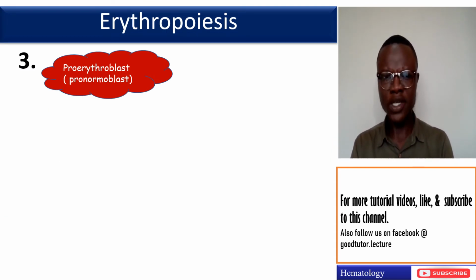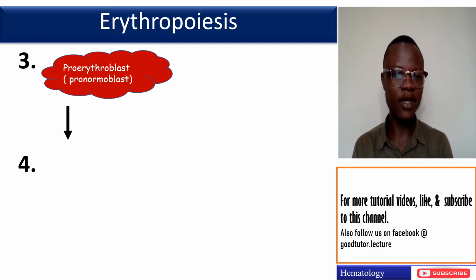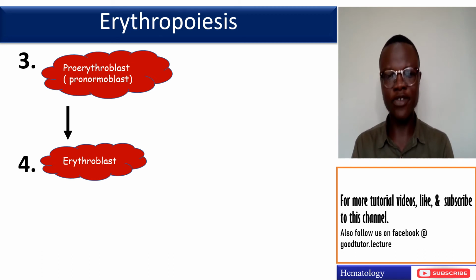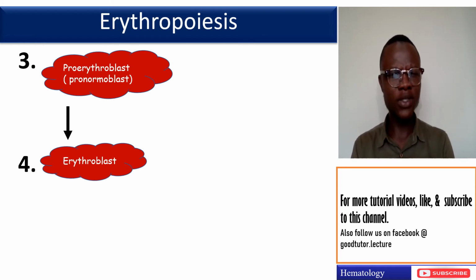Next here, we still maintain our erythro or the pro-erythroblast. The pro-erythroblast further develops into our fourth cell, that's the erythroblast. Let me point out something here. When studying human development, that's in embryology, developmental biology, or whatever form, the suffix blast always suggests a cell that is at the potential of developing into another cell.